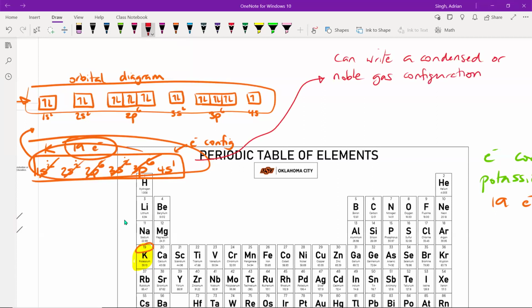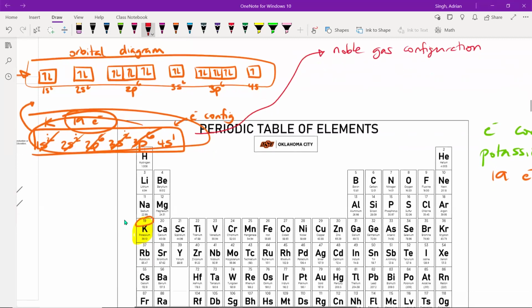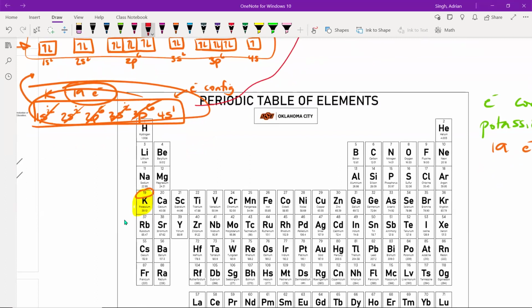And the way that this works is, if I wanted to write the condensed configuration, I'm going to find my element in question first, which is potassium. Then I'm going to go backwards in the periodic table.